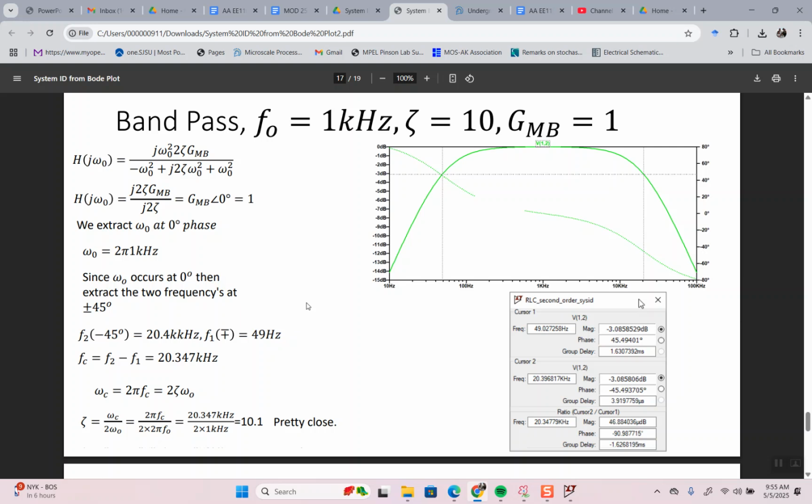Notice you can really see F1 and F2, right? Where now I get 20 kilohertz and I get 10.1, all right? So you can see as damping coefficient gets bigger, the two cutoff frequencies get farther apart.